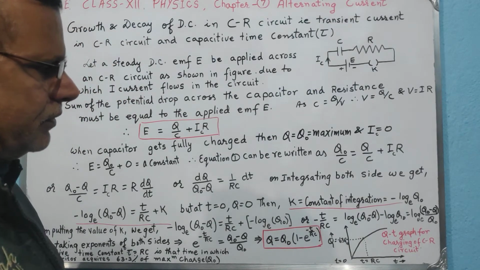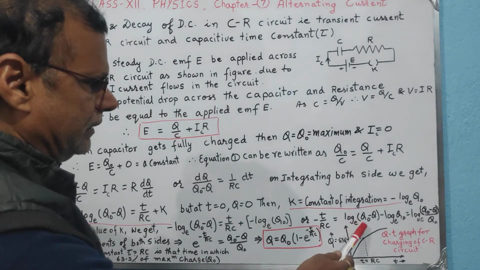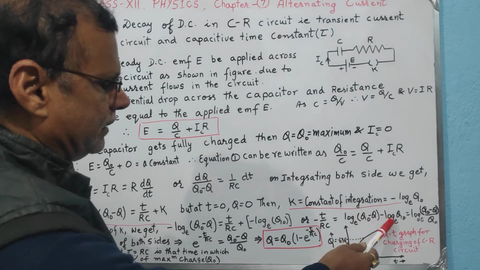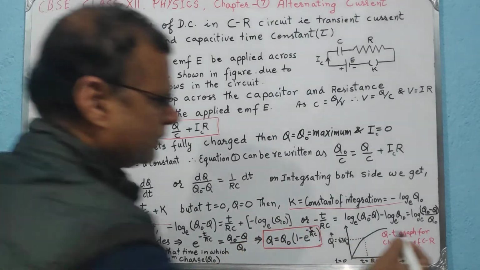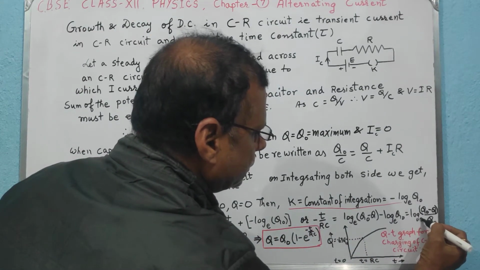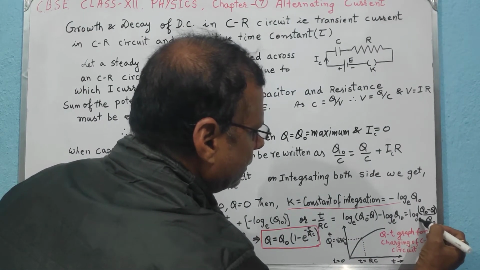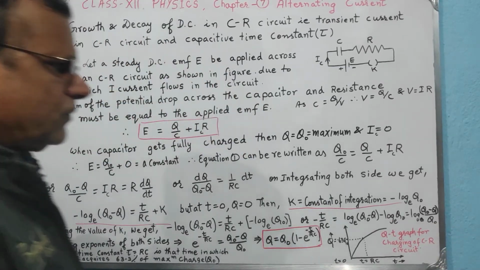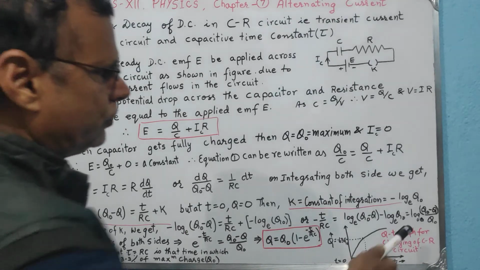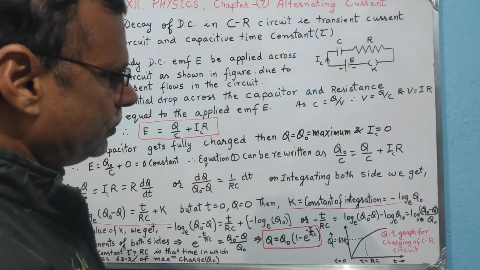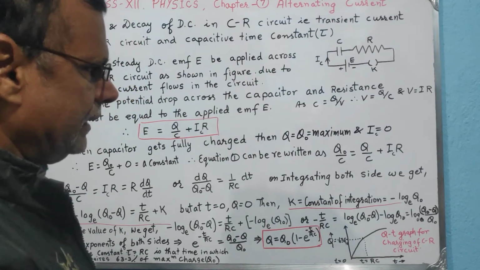That finally becomes, since one will go in the numerator and the other in the denominator, following the rule for logs, you can refer to the rules of the log, log of Q0 minus Q divided by Q0 to the base e.